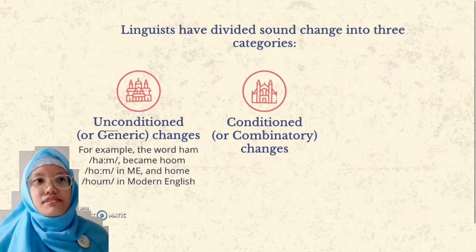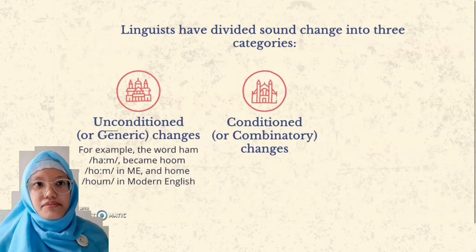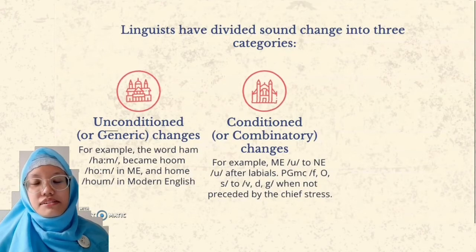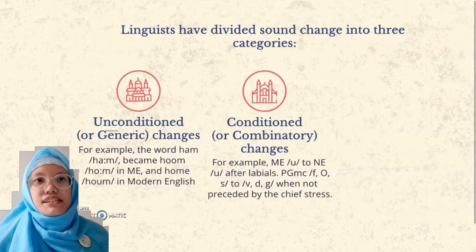When such allophones undergo a change, we speak of a conditioned or combinatory change. For example, Middle English U to Modern English U after labials.